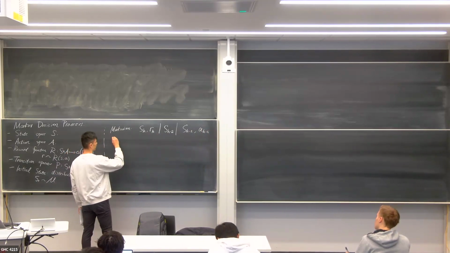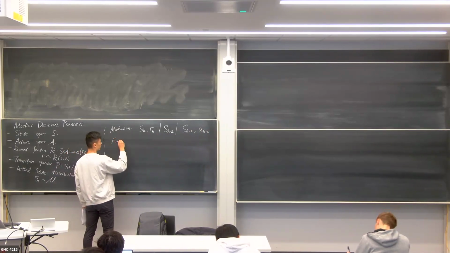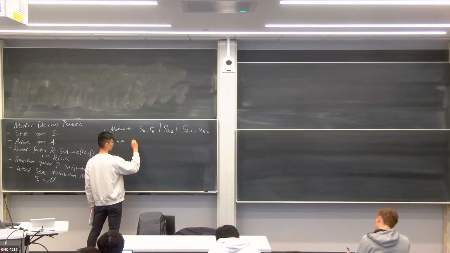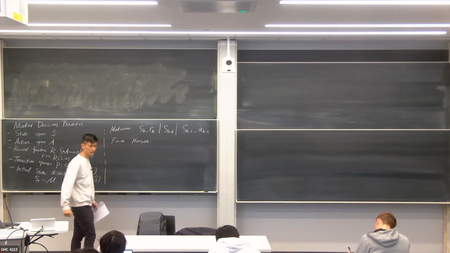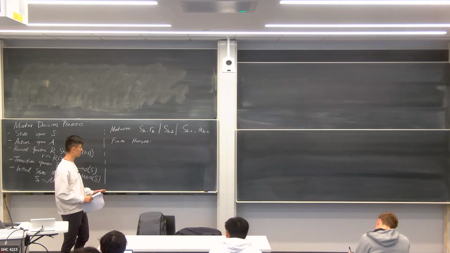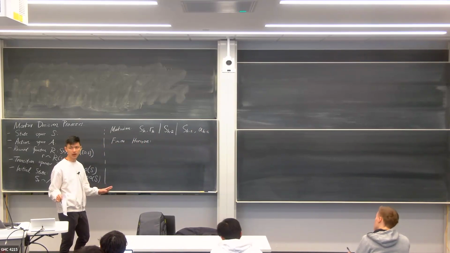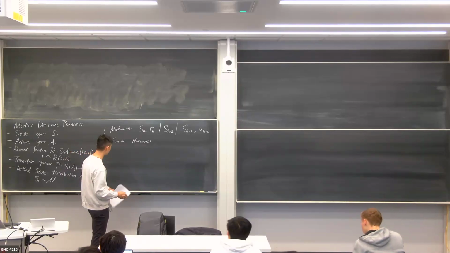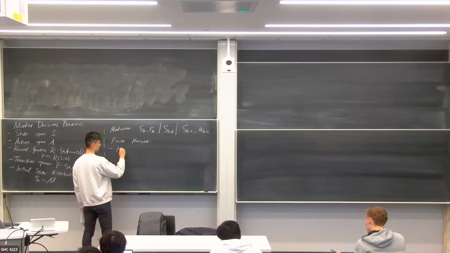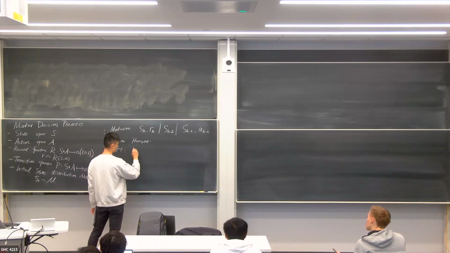So I'm going to focus on a version of MDP that is finite horizon. There are other versions like infinite horizon that never stops, and usually you attach some sort of discount factor there. We'll focus on the finite horizon one because it's cleaner for some of the later lectures.